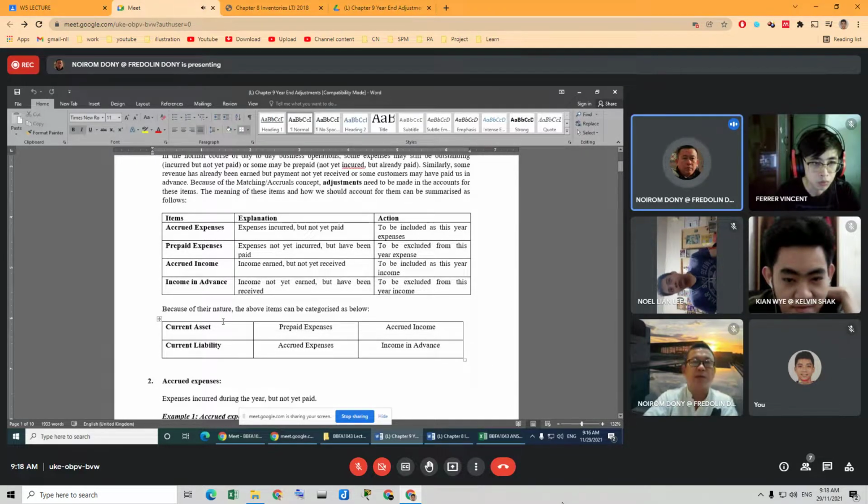So it is a current asset. This one you have to memorize, because if you memorize, when you do the recording, it's much faster. Current asset, prepaid expenses, the logic is the money still belongs to the business. It's not been incurred yet. So it is an asset, current asset.